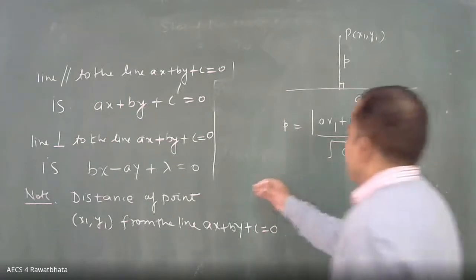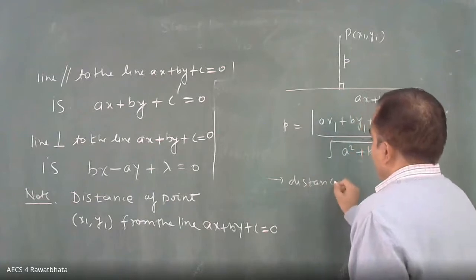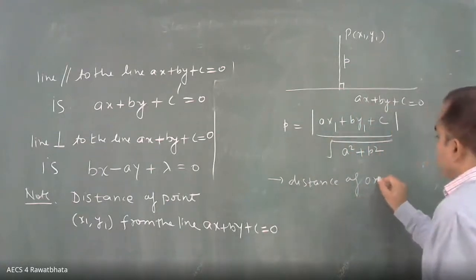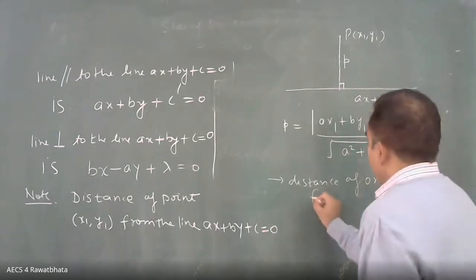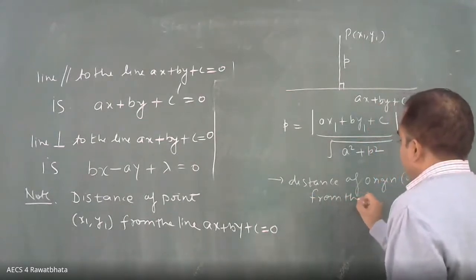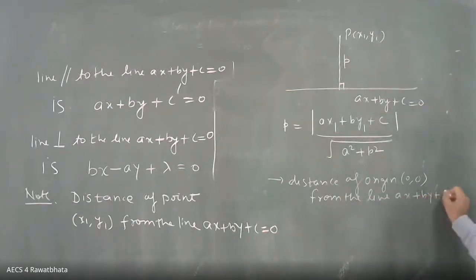And using this, you can calculate the distance of the origin 0 comma 0 from the line ax plus by plus c equal to 0.